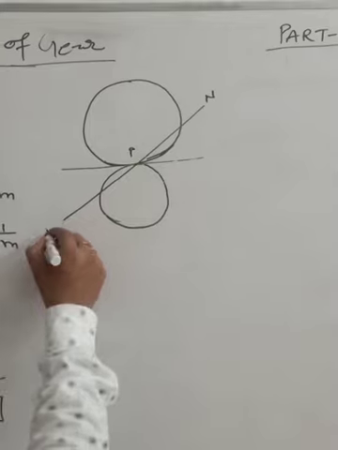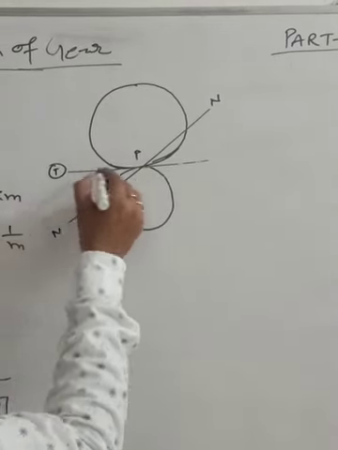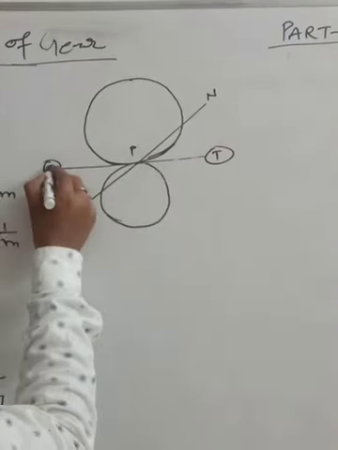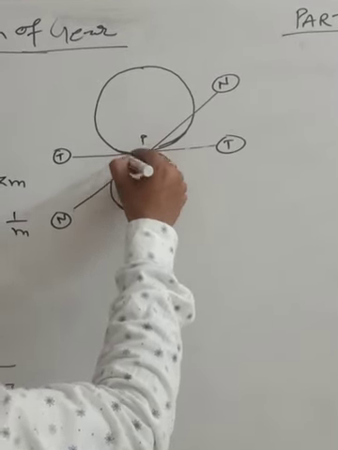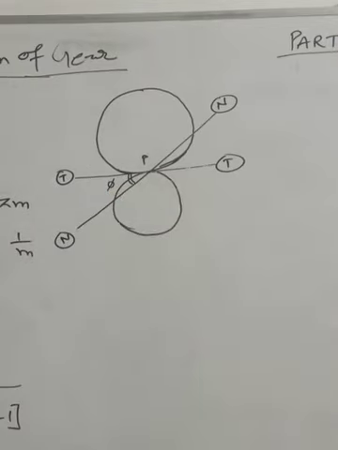This is known as the common normal, and this is known as the common tangent. Then this angle is known as the pressure angle phi.